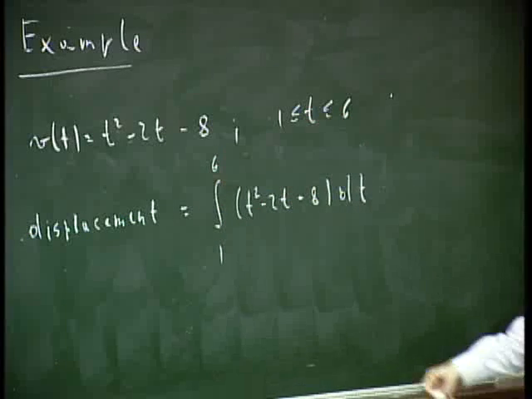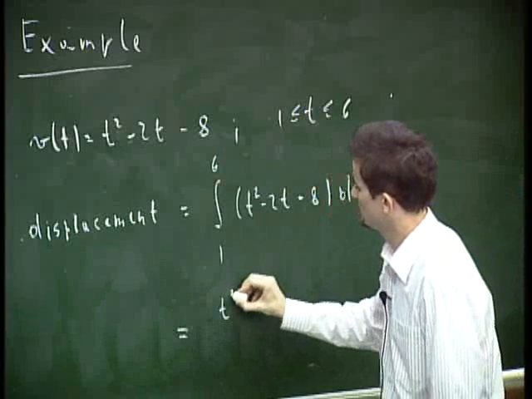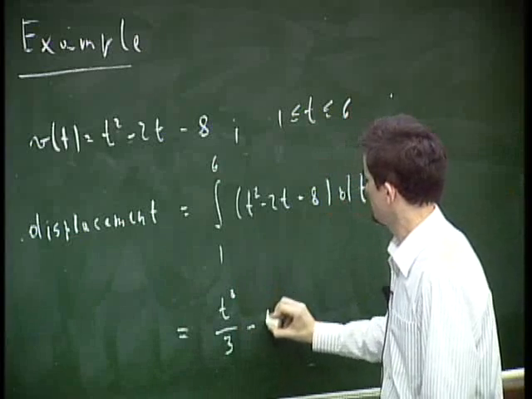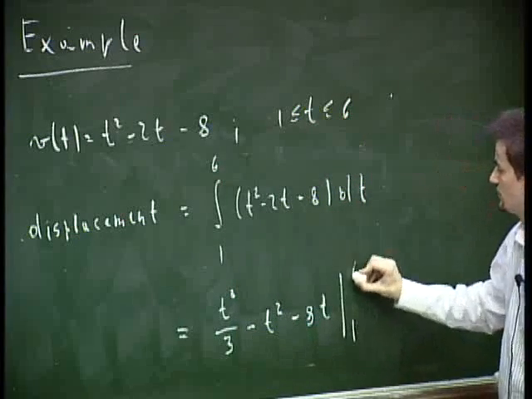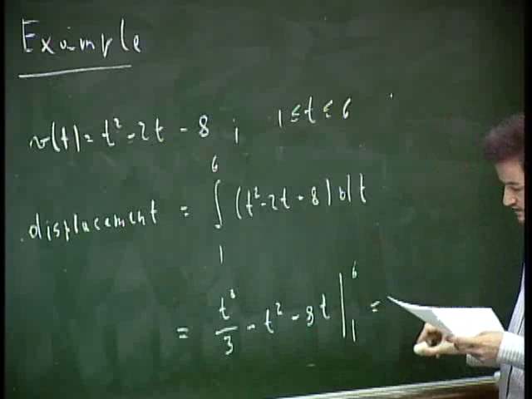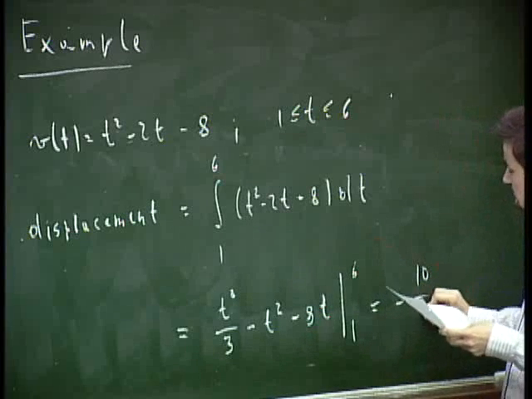So you guess an antiderivative: t cubed over 3 minus t squared minus 8t, evaluated at 1 and 6. If you compute this, you get minus 10 over 3.